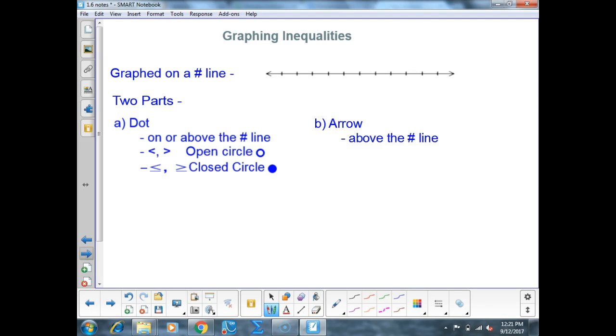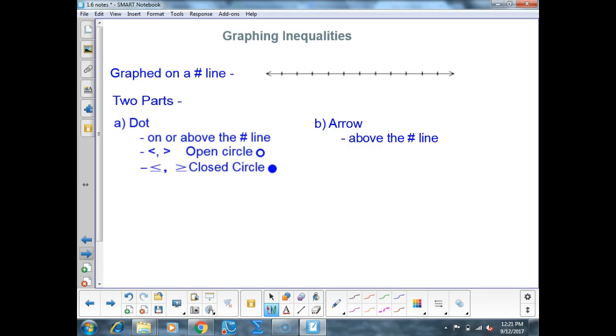And those are graphed on a number line. The number line has two parts to it. So the first part is the dot. It is either on or above the number on the number line. And it is either open or closed, depending upon which inequality you're dealing with.